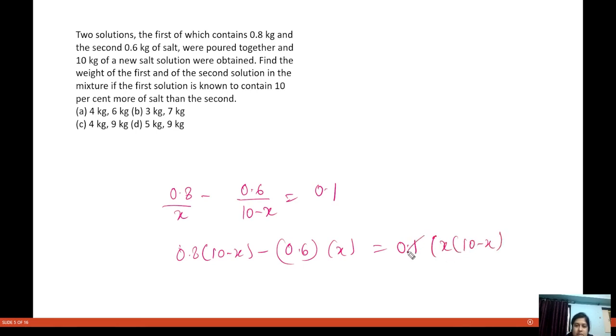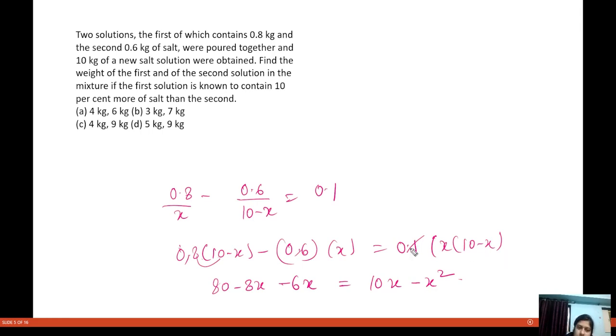Now I remove the decimal point everywhere because we multiply by 10 on both sides. So we get 80 minus 8x minus 6x equals 10x minus x square.